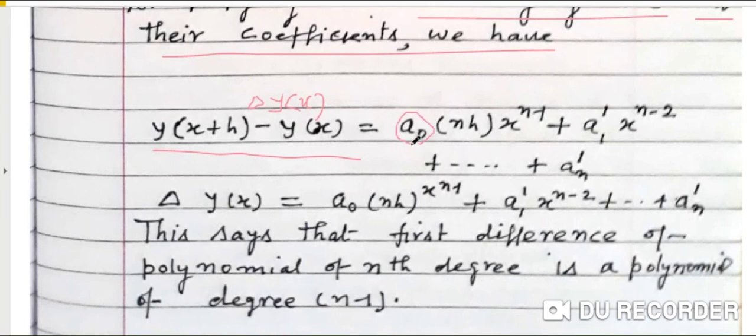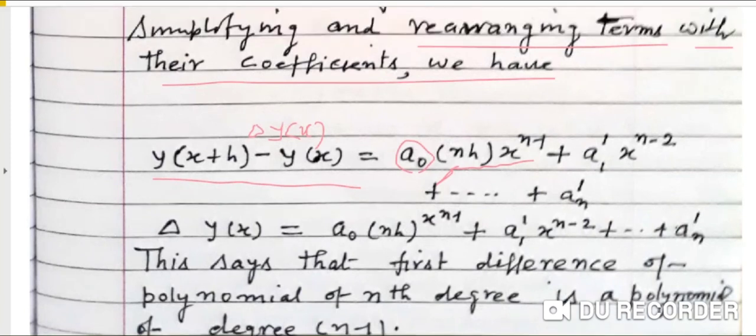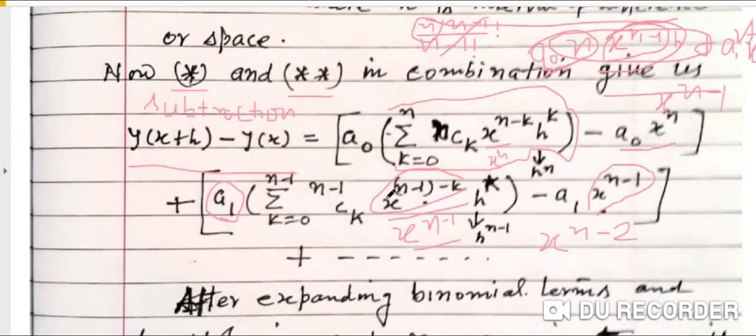You look at a naught is multiplying nh, you have seen, and x. The first difference, as I have shown, has given this term. This part is going to give us x to the power n minus 1. This a naught is here, and nc1 and n minus 1 and x to the power 1.